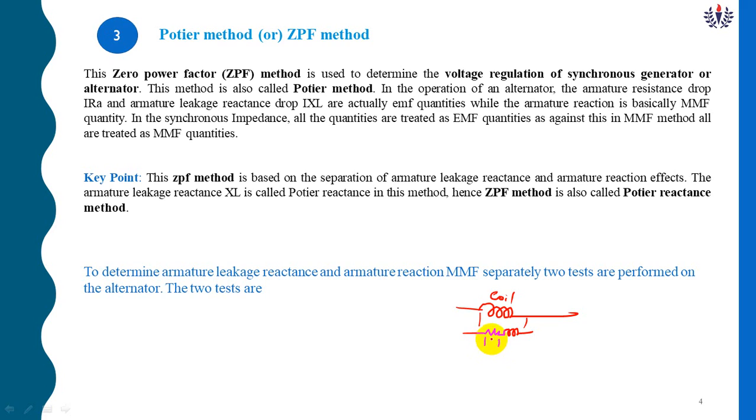The voltage drop across the resistor will be I into RA. The voltage drop across the inductance will be I into XL, the leakage reactance.